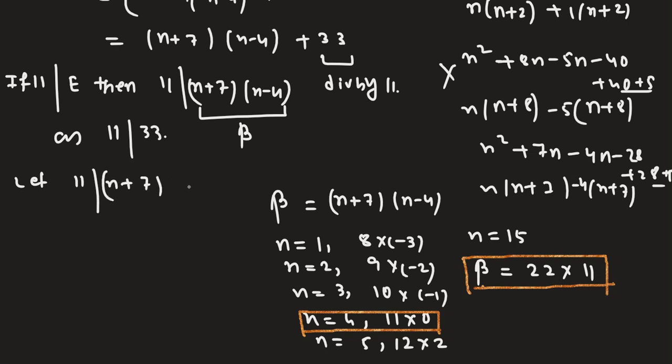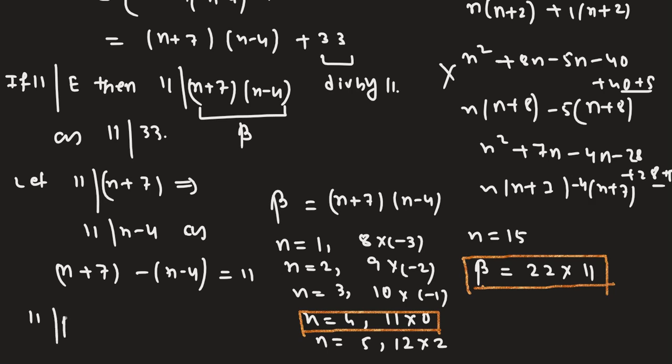In that case it implies that 11 divides the other number also, because their difference, n plus 7 minus n minus 4, is nothing but 11. So the difference is 11. If the first number is divisible by 11, obviously the second number is also divisible by 11. So this is divisible by 11. So now we can say that what?